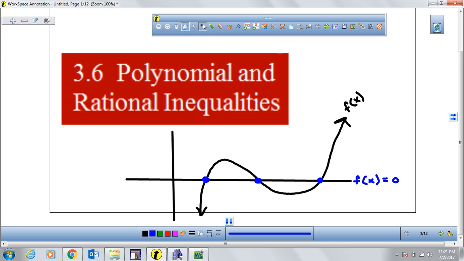Now, when we talk about an inequality, there are two possible inequalities. One of them is f of x greater than 0, and the other is f of x less than 0. When we say f of x is greater than 0, that means all of the values of x for which the value of y is positive.